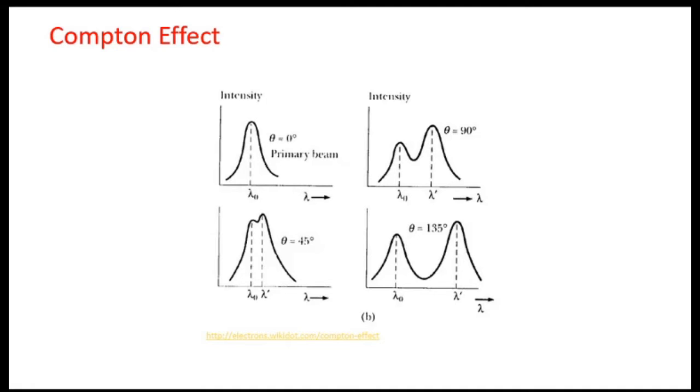So if a graph was plotted, we can see that except for angle of scattering 0, for all other figures there are two peaks, and these two peaks correspond to original wavelength lambda and the increased wavelength lambda dash. And we observe that as the angle of scattering increases, the distance between the two peaks, which is equal to the Compton shift, also increases.